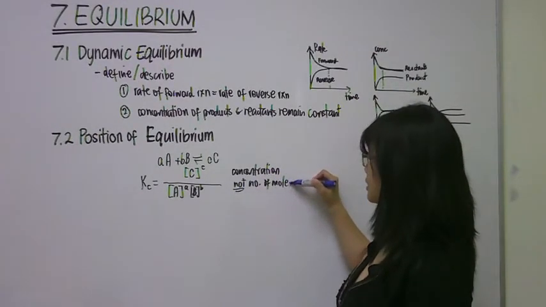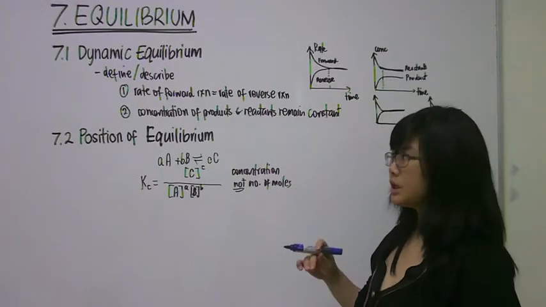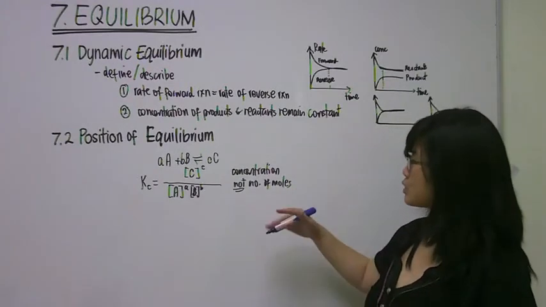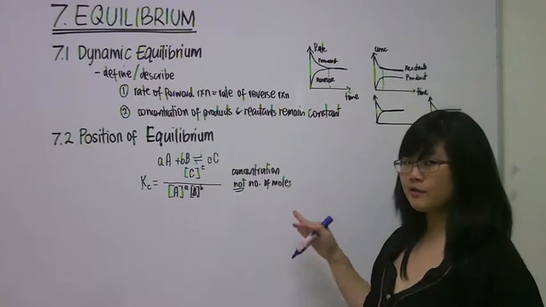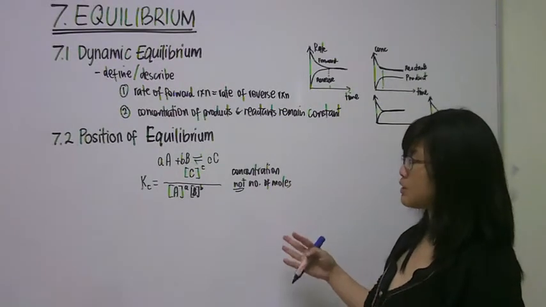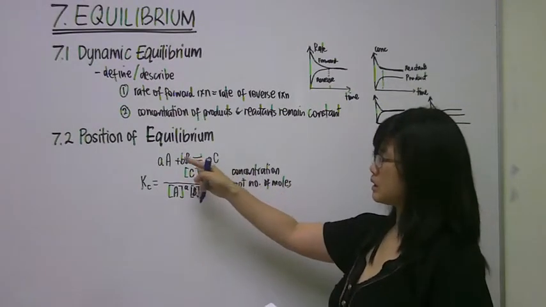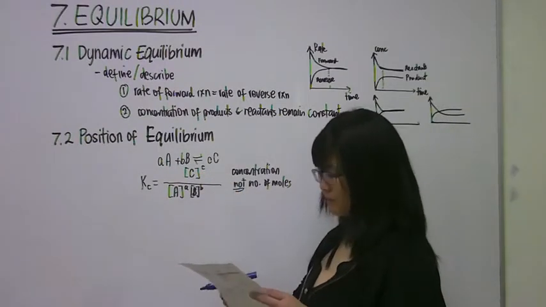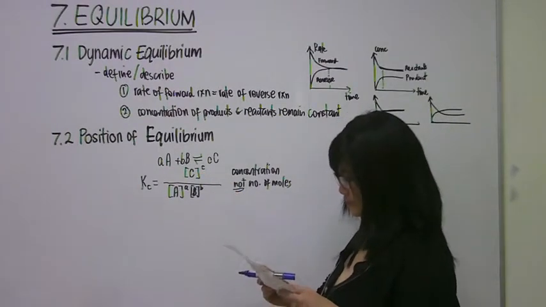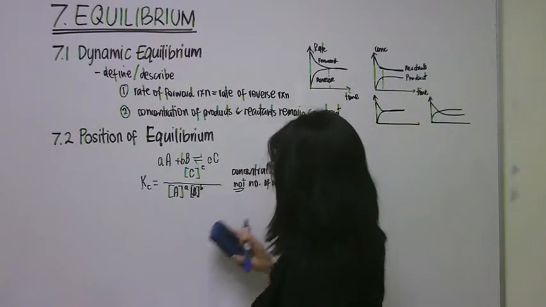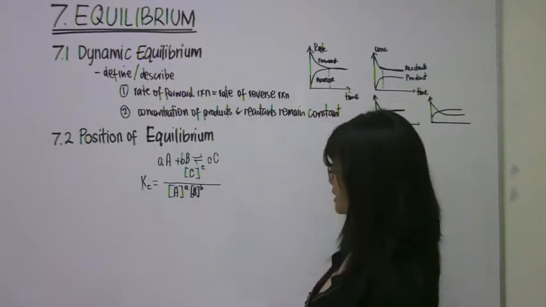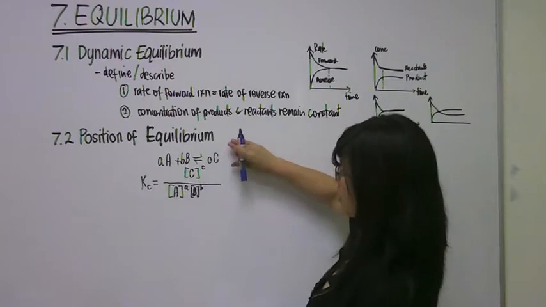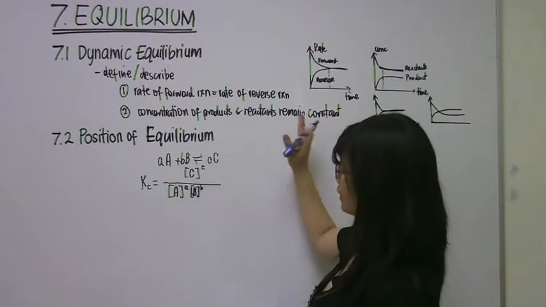Later you will discover that in the questions they often use number of moles instead of concentration. The students may be trapped into using the number of moles inside the expression, which can result in the wrong answer.